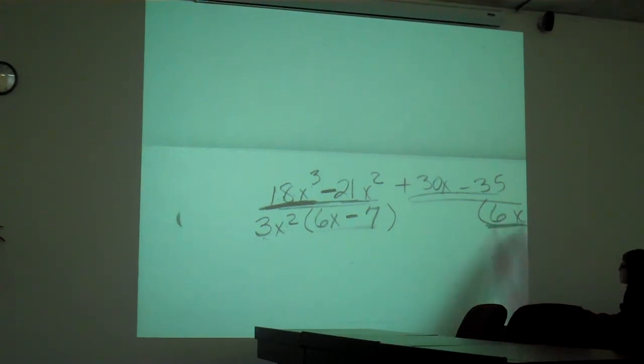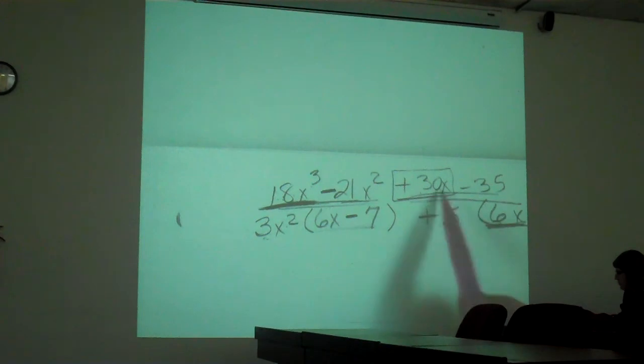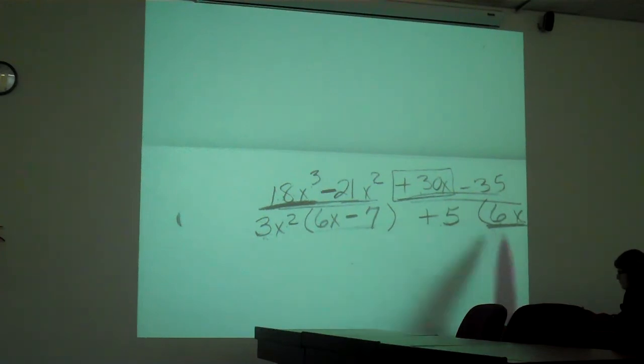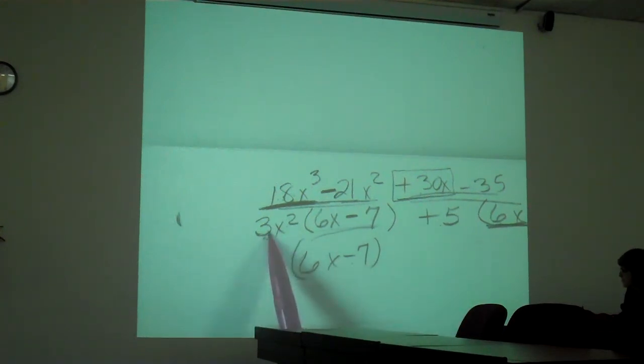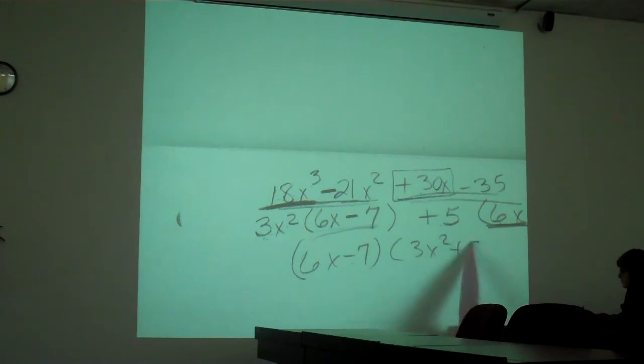Okay, what are we going to multiply to get the first term here? Positive 5, right? This gives you 30x. This gives you negative 35. So that's right. They have in common 6x minus 7 and 3x squared plus 5 is your other term.